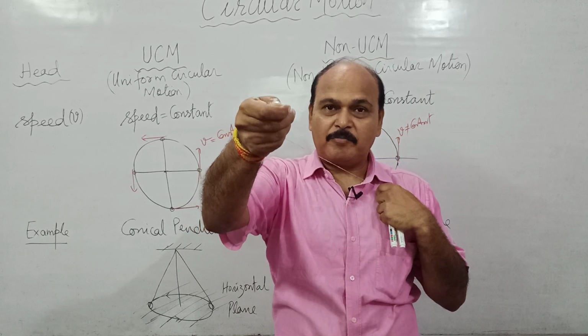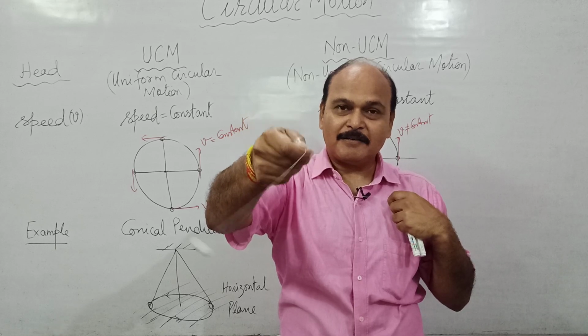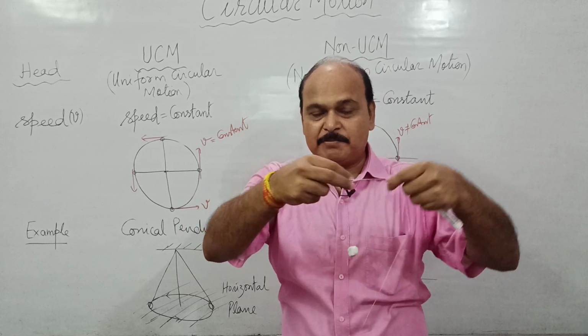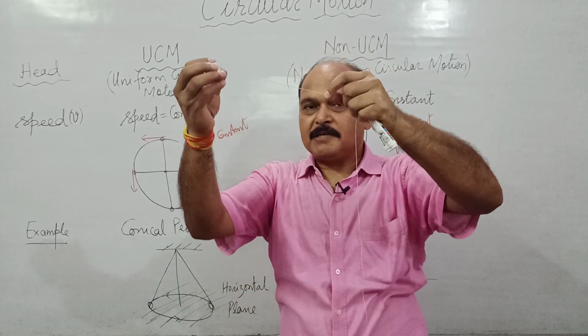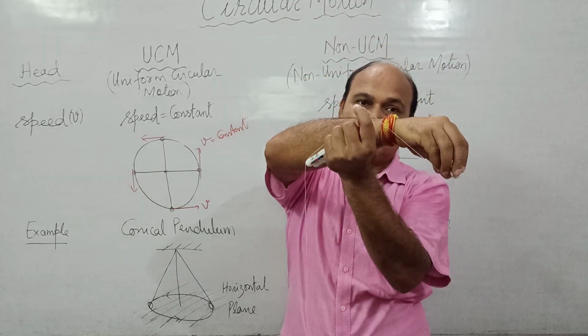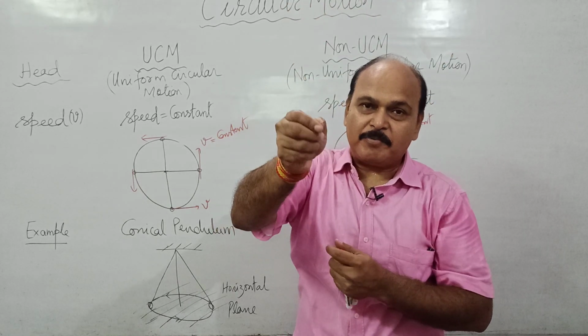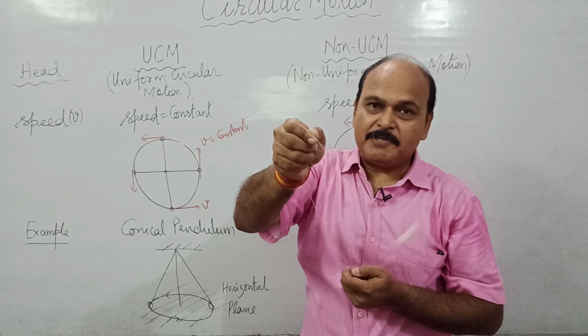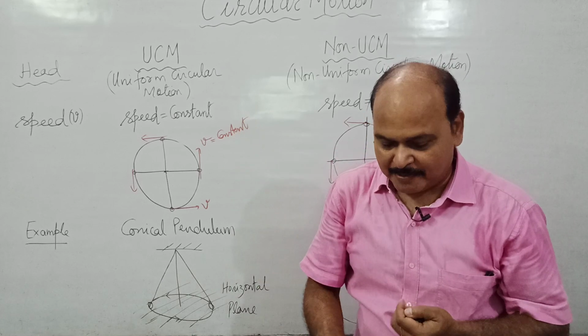The speed of the bob is maximum at the lowest point. The speed of the bob is maximum when it is here, and as the bob moves up, the speed decreases. At the highest point, the speed is least, and thereafter the speed increases. So as the bob moves on a circular path, the speed of the bob is a variable. The speed is maximum at the lowest point and minimum at the highest point.